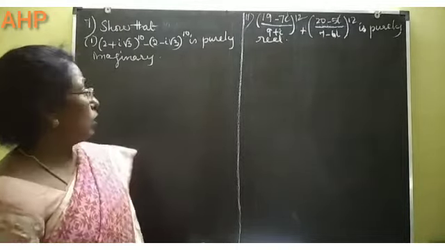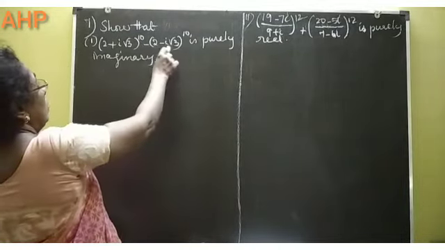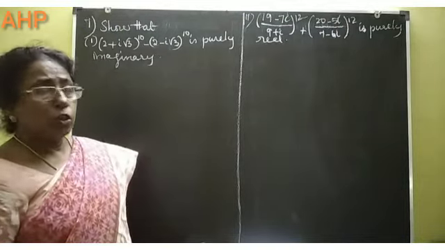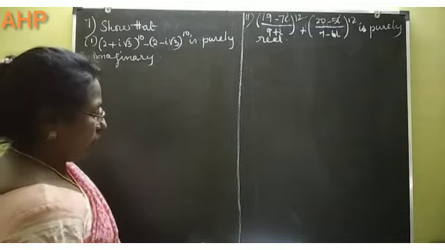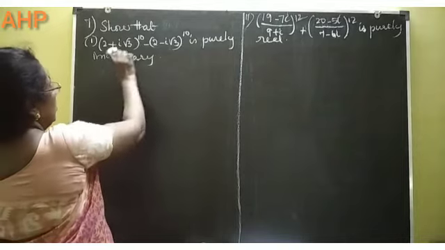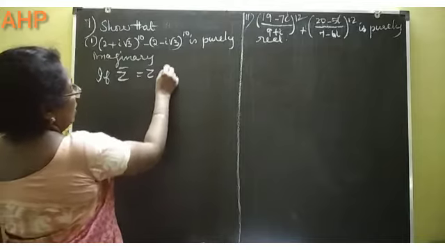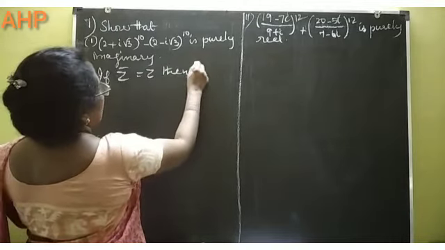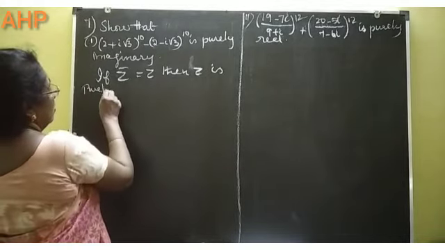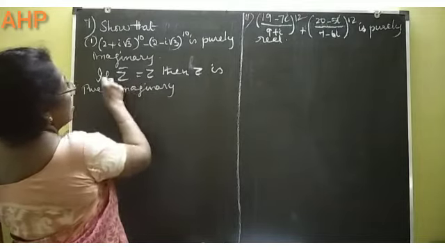Now the question is to show that (2 plus i root 3) the whole power 10 minus (2 minus i root 3) the whole power 10 is purely imaginary. To show that this is purely imaginary, we are supposed to prove Z bar is equal to minus Z. This is the property.